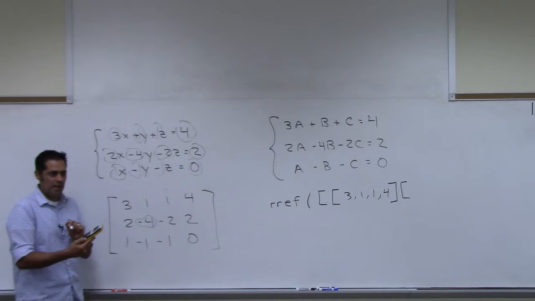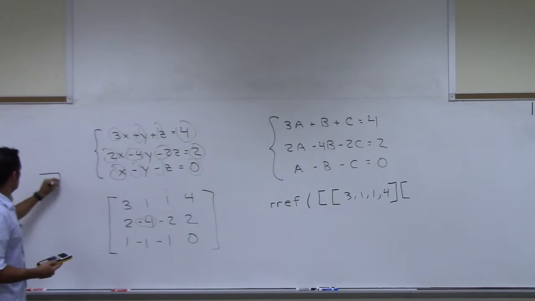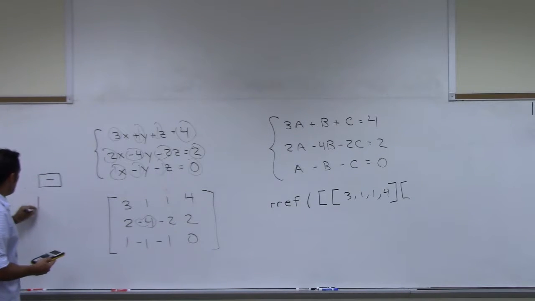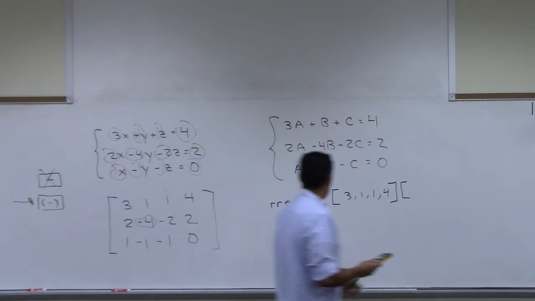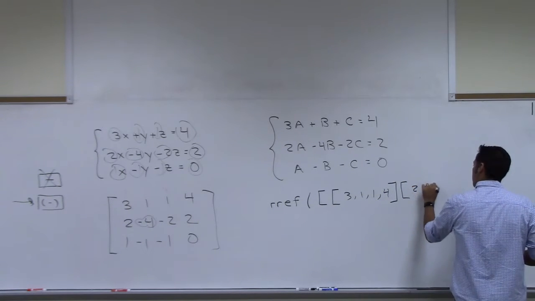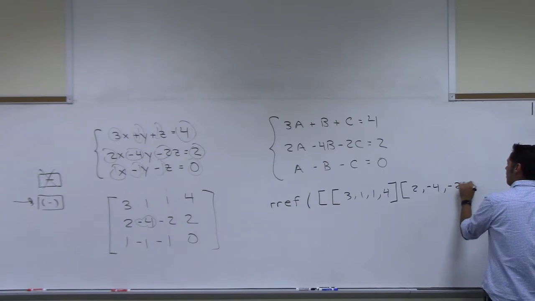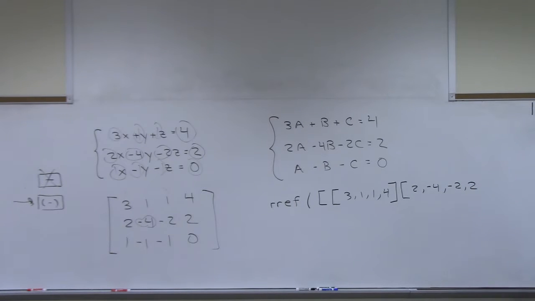You have a minus key, and then you have this key right here. This is the one you want to use, not this one. So 2, comma, -4, comma, -2, comma, 2. Close your bracket. That ends the second row.